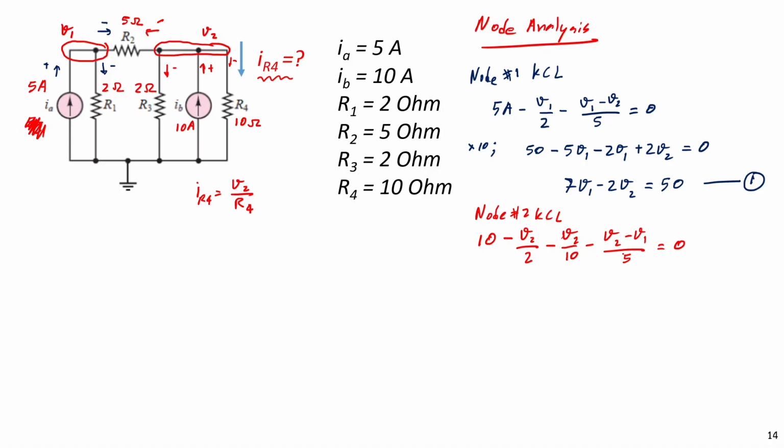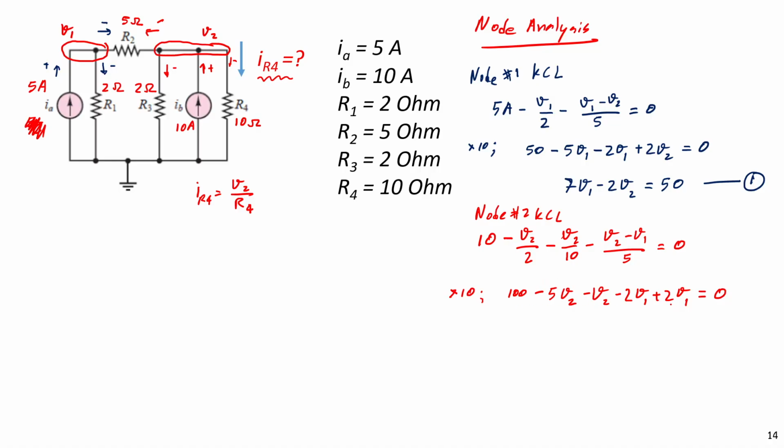We rearrange this equation by multiplying by 10, then we get 100 minus 5V2, minus V2, minus 2V2, plus 2V1 equal to 0.